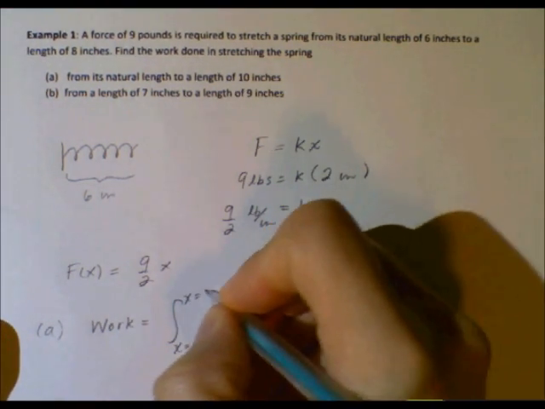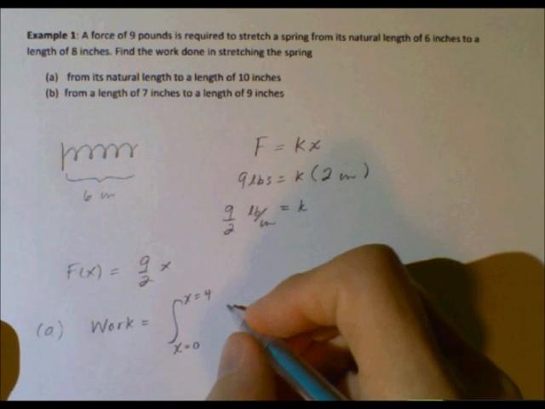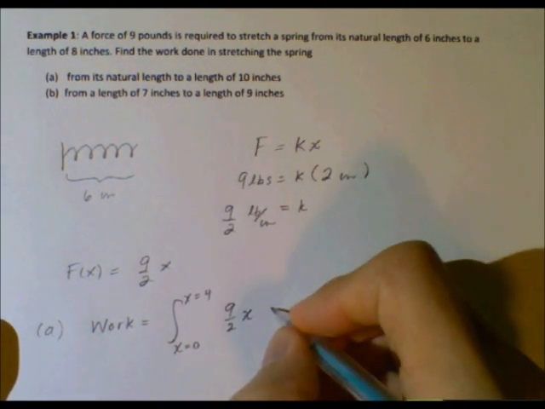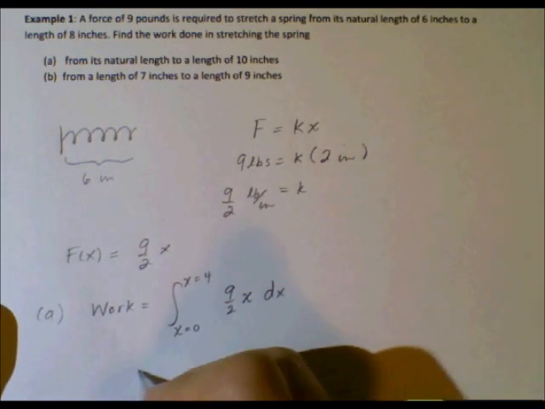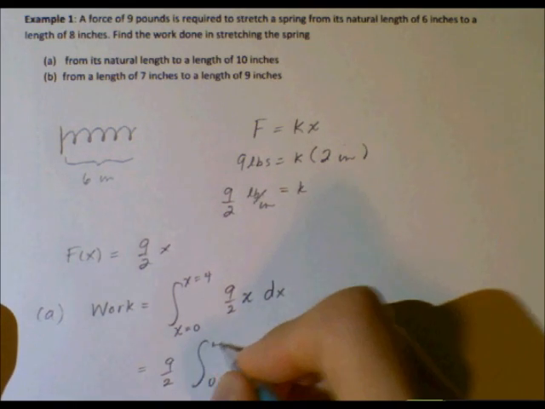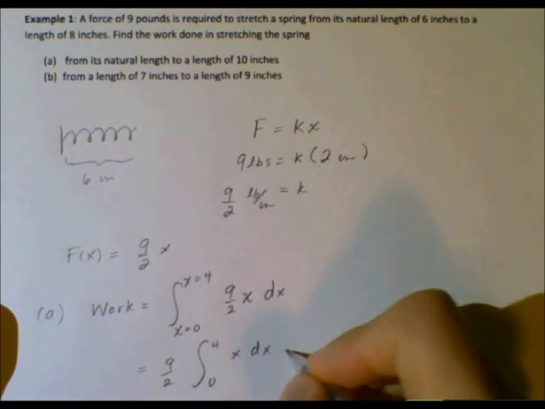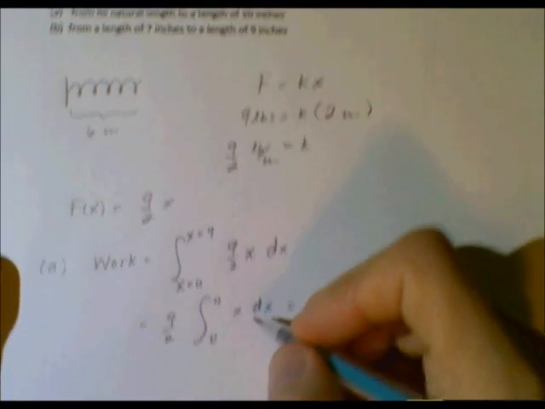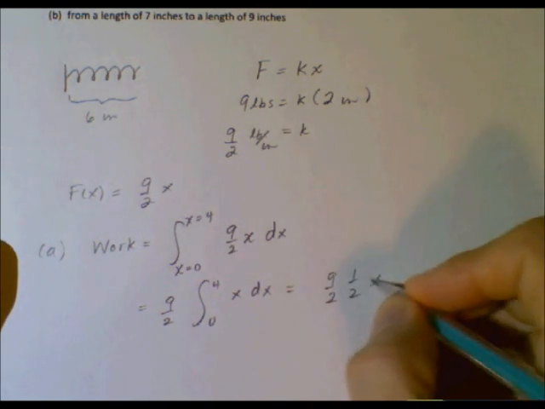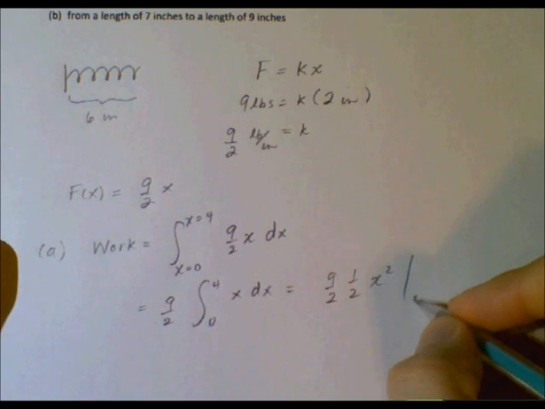So x equals 4. We're integrating the force with respect to x. Let's bring the 9 halves out. Anti-differentiate x, you get 1/2 x squared, running from 0 to 4.